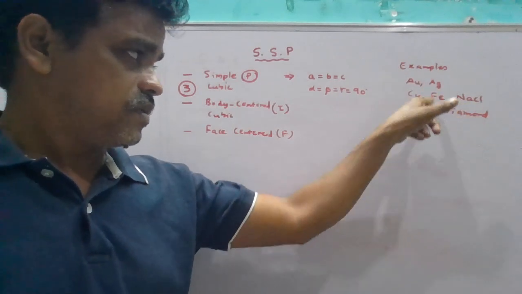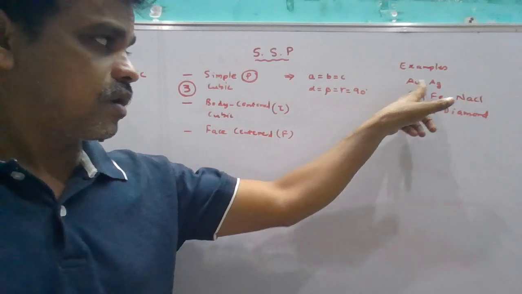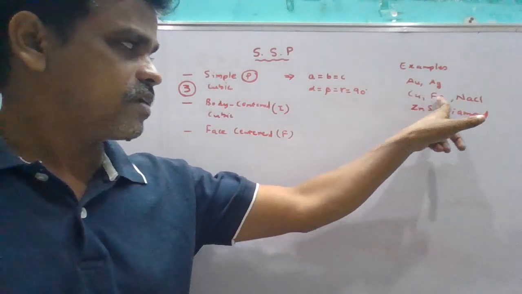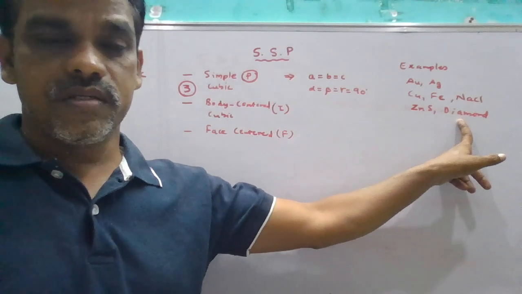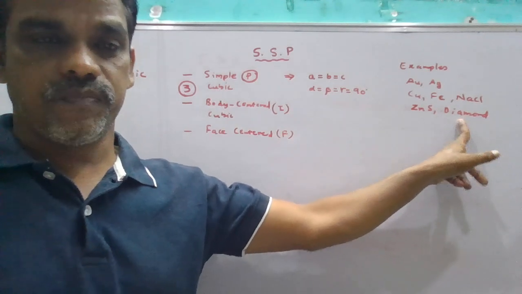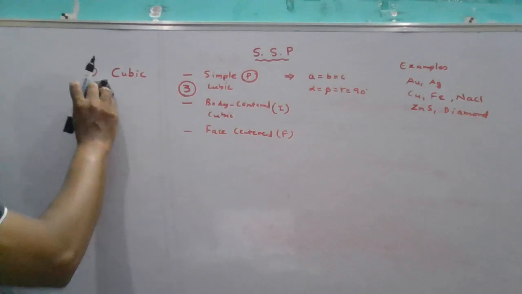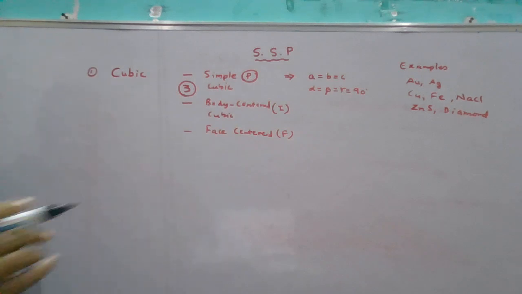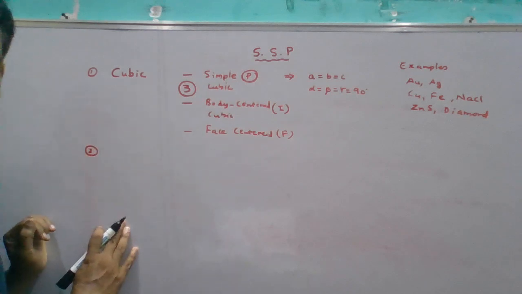These metals and compounds, gold, silver, copper, iron, sodium chloride, zinc sulfide, and diamond, exist in the cubic system. The first crystal system is done. The second one I want to discuss now.